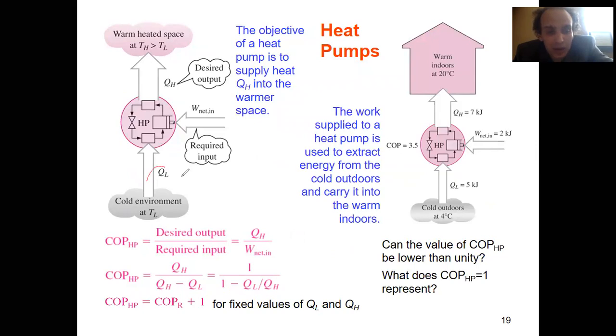Now you don't care about your street, right? You care about your house. So that is what you desire. But still, what you require is what goes in. So now your coefficient of performance will be this. And again, it will not be infinite, but it will be finite.